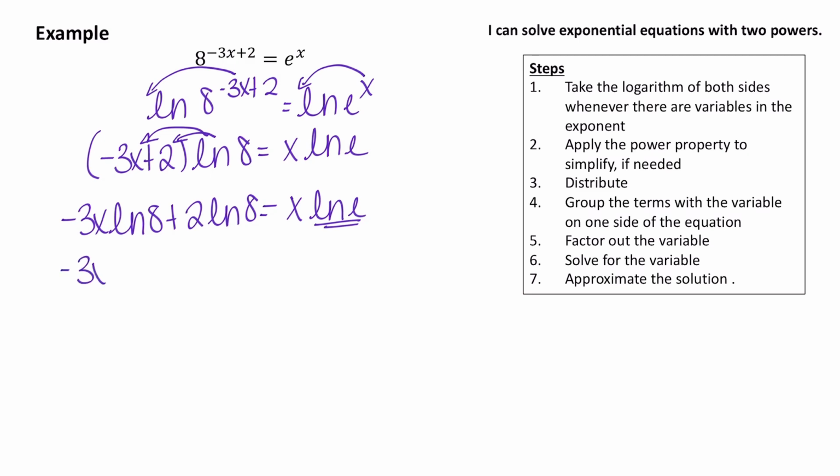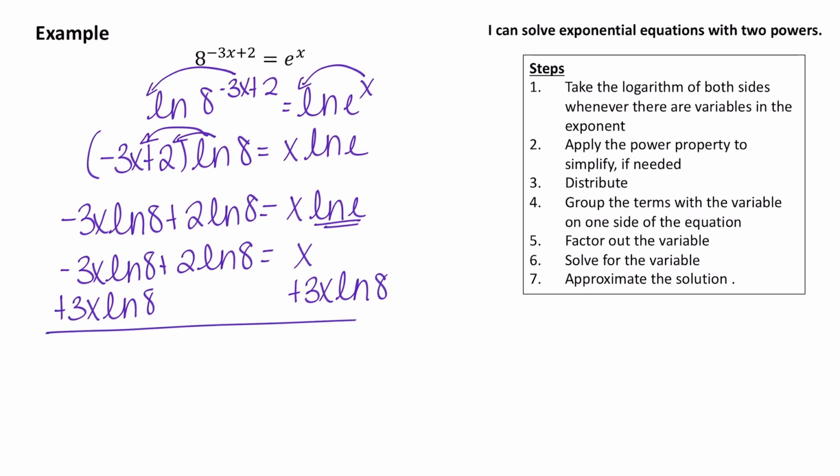So I have negative 3x natural log of 8 plus 2 natural log of 8 just equals x. So now I'm going to combine all my terms with an x on one side. So I'm going to add 3x natural log of 8 to both sides. And when I do that, I'm left with 2 natural log of 8 equals x plus 3x natural log of 8.